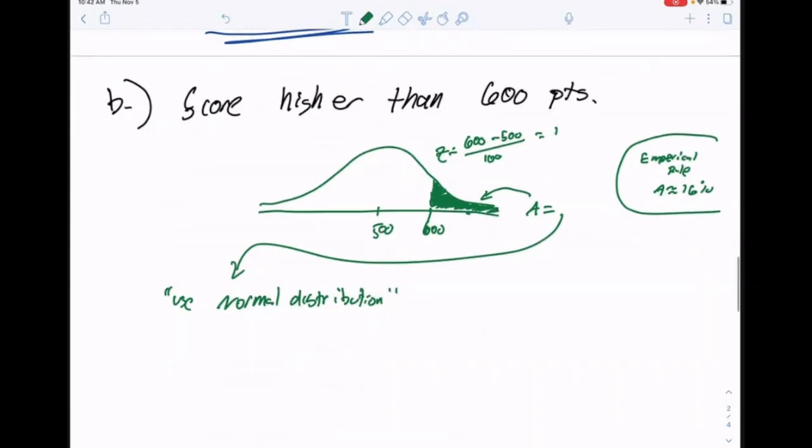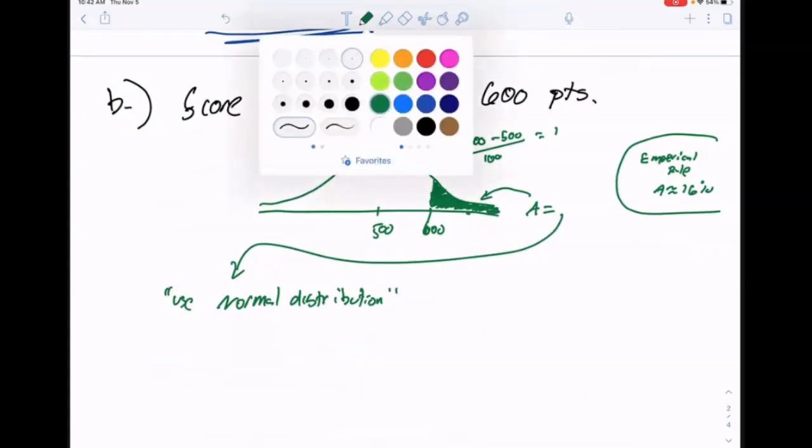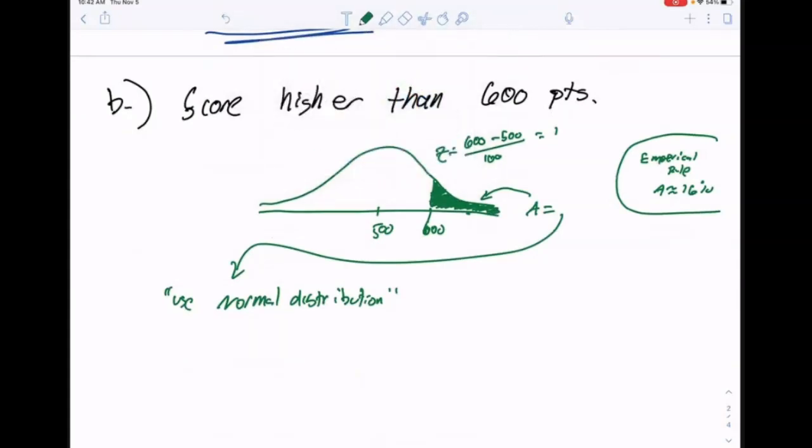Because the problem here with this graph is, what is my lower bound in this problem? 600. What is my upper bound? And this is where it gets complicated.